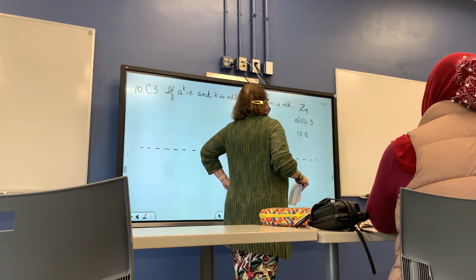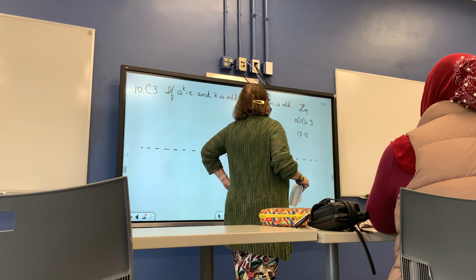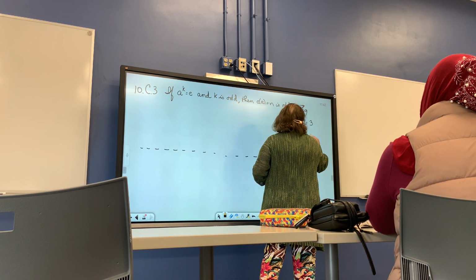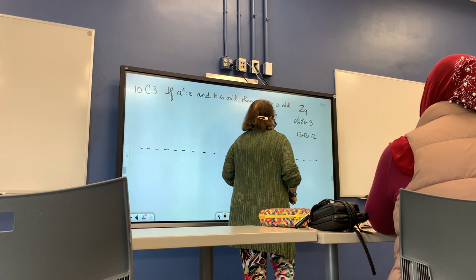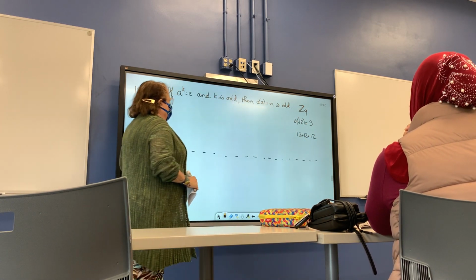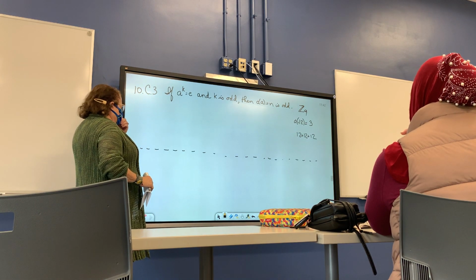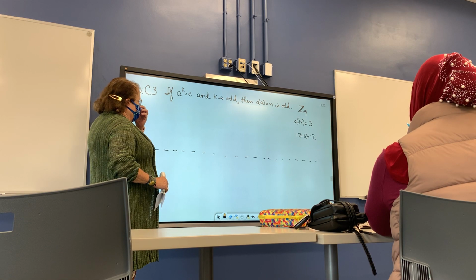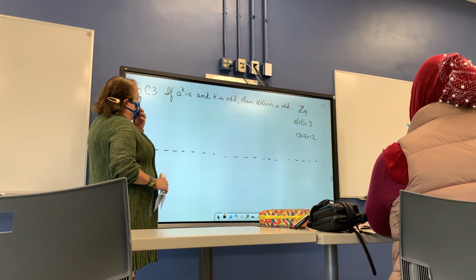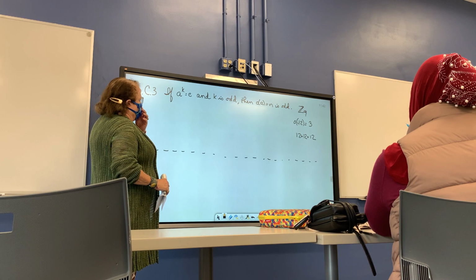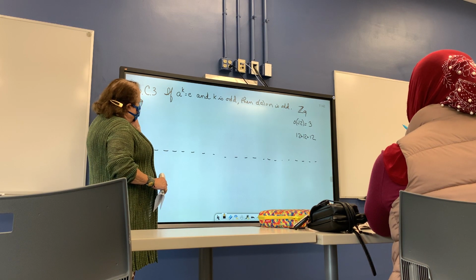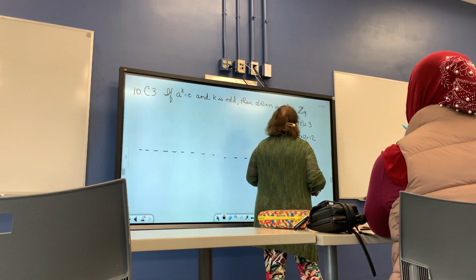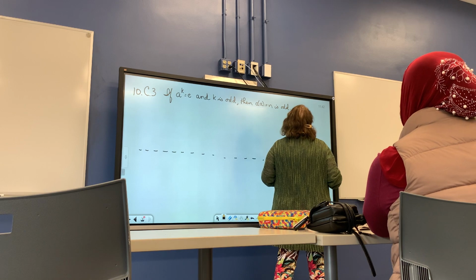I've got one 3, and I need 3 3s, so I've got to add it up 2 more times to get all of the 3s I need. I'm just trying to figure out why my brain is not getting on all cylinders.